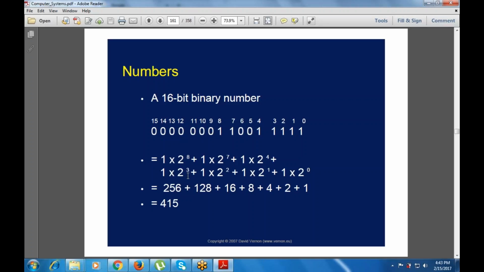Where the bit is 0 there is no contribution, so everything else is 0. That means 2 power 8 is 256 into 1 is 256, then 128, then 16, then 8, then 4, then 2, then 2 power 0. Any digit with a power 0 is 1, so 1 into 1 is 1. When I add everything, this is 415.